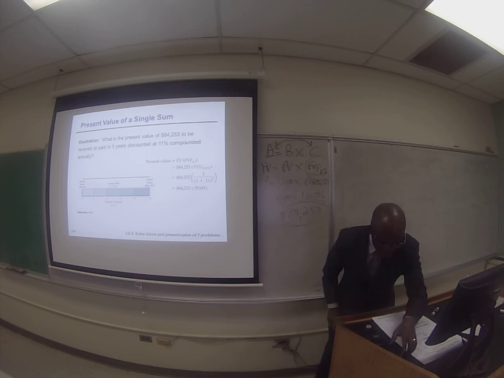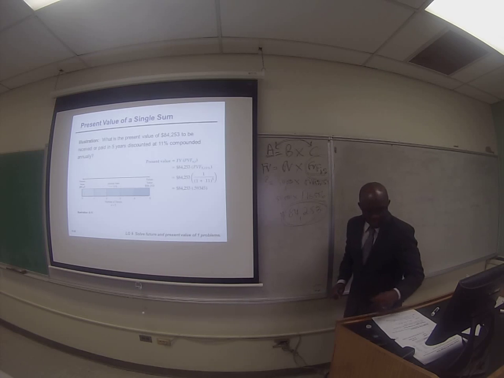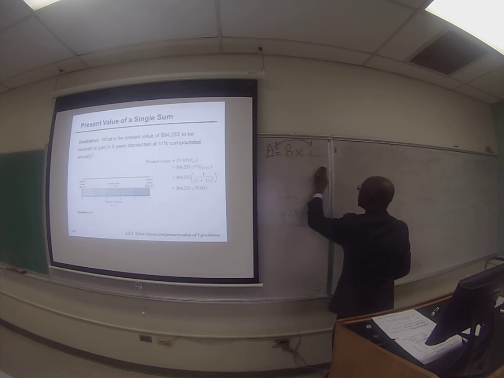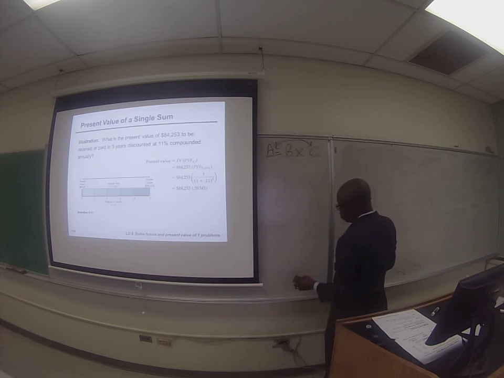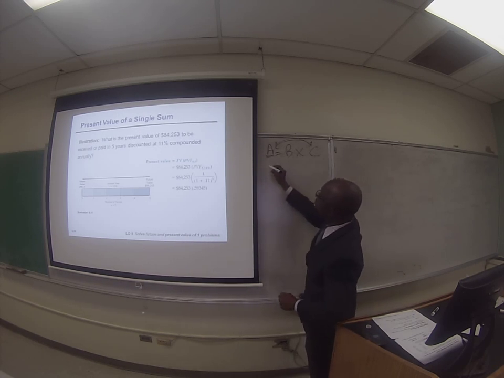So let's take a look at our ABC formula again. Like I said, the ABC formula works for almost every future value, present value problem. Now, let's take a look at what we have here. What is the unknown?